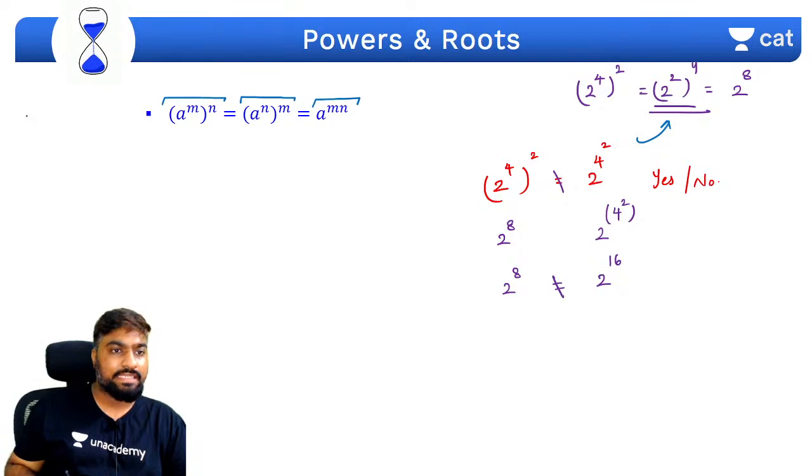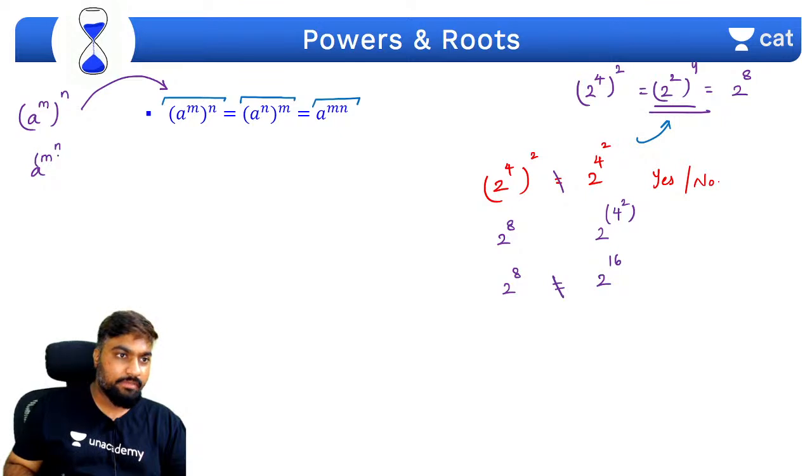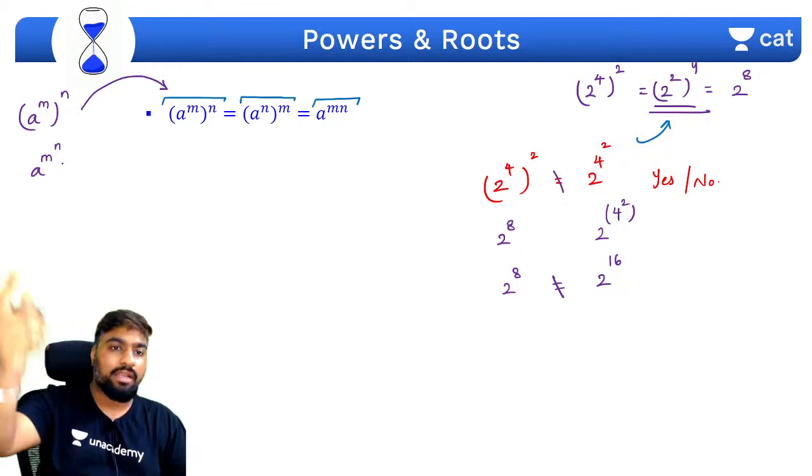Whenever you see a question, if it is a to the power m whole power n, this is one expression. On the other hand, if you have a to the power m to the power n without any brackets, then it means the power is raised to a power, exponent upon exponent.